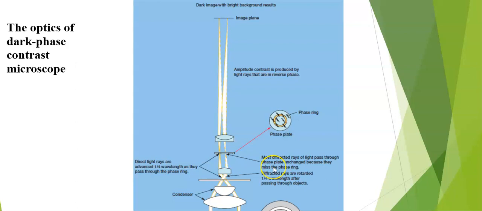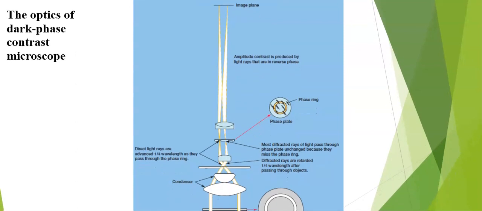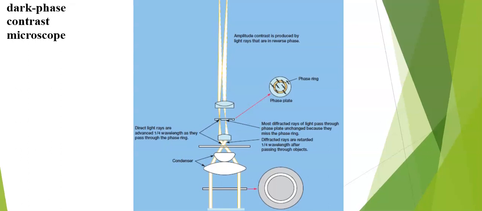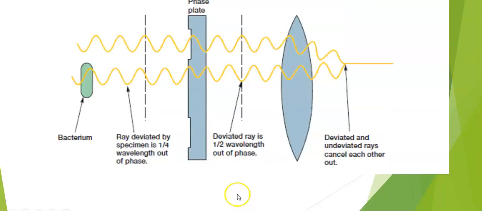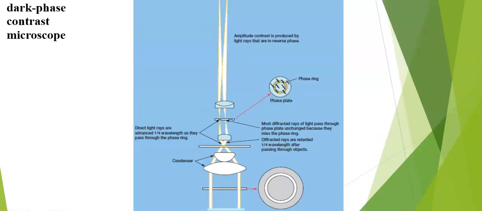This particular diagram shows the basic properties and the light optics of the dark phase microscope. First we'll see from the bottom what type of modifications are made. There is an annular stop which you can see in the diagram. The direct light rays are advanced 1/4 wavelength as they pass through the phase ring.